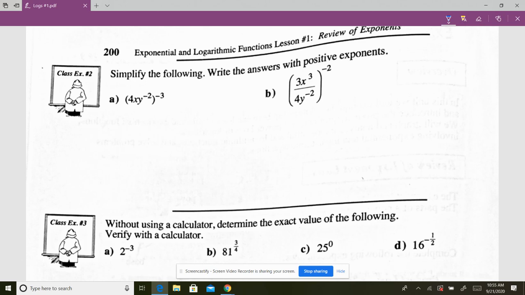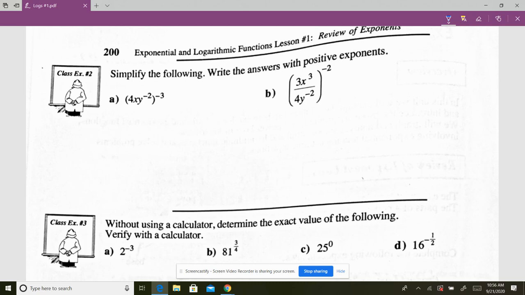The reason most young adults don't like exponents is, one, you have to know all the rules, but two, there's a multitude of ways to do every single question. So there are different ways to get to the same answer. On this one, what do you want to do? We have to simplify this. Everything has to be positive exponents. So what do we want to do first?